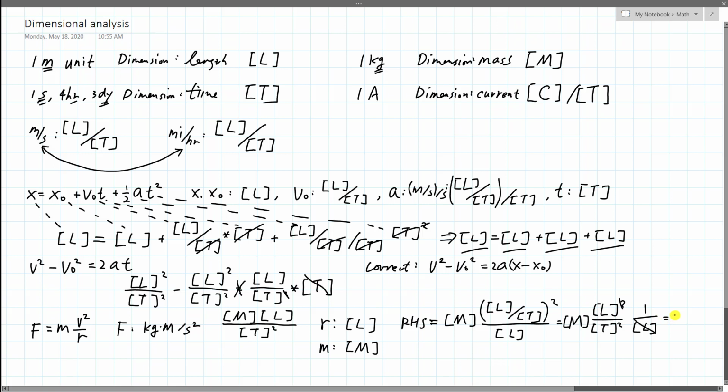So this is the same as the left hand side's dimensionality. This is actually equal to the left hand side. So dimensionally speaking, this is correct. And actually it is correct numerically, so the units and the factors are correct as well. Thanks.